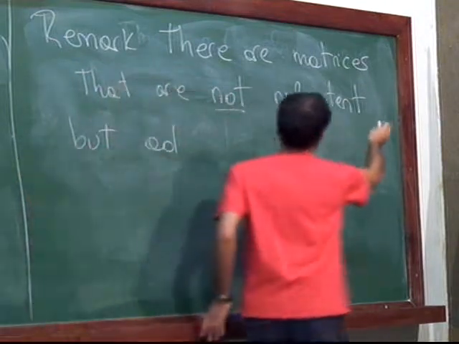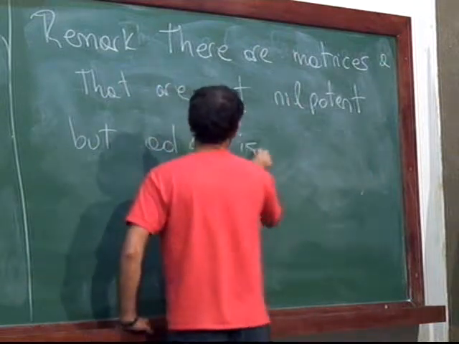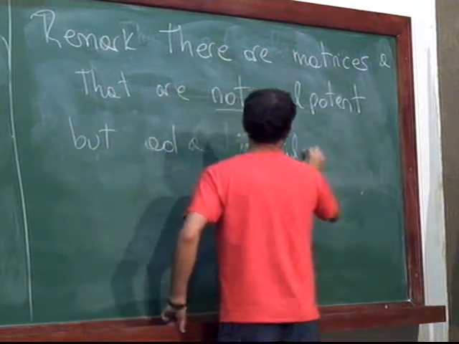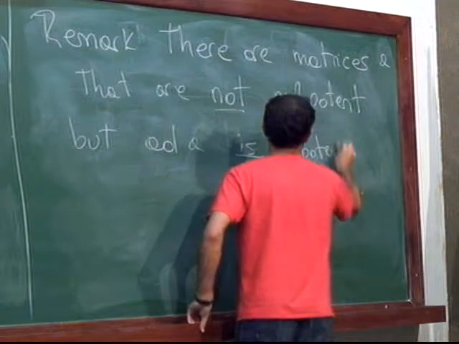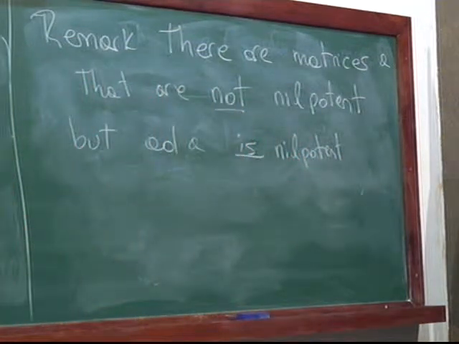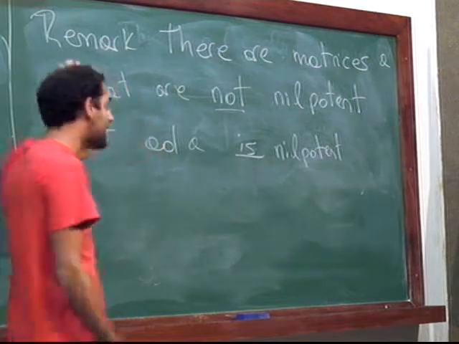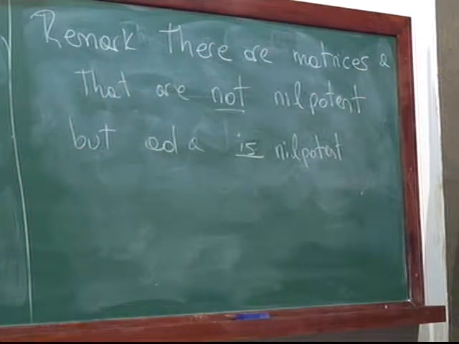So matrices, say A, but ad A is nilpotent. A good example is the identity matrix. The identity matrix commutes with anything, so the adjoint is already 0. So in particular, it's nilpotent. But the matrix itself is not nilpotent. Any diagonal one is not nilpotent.